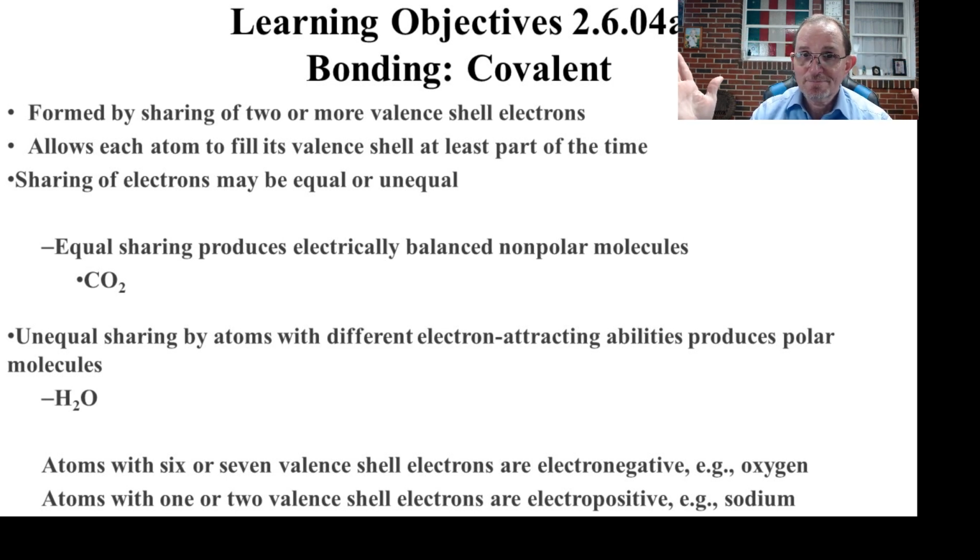Nothing. The forces cancel out. Now with the water molecule, the oxygen is right here, and these guys actually are at an angle, so the oxygen is able to pull those electrons a little closer to itself.